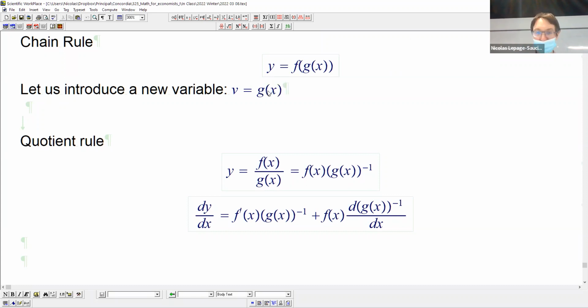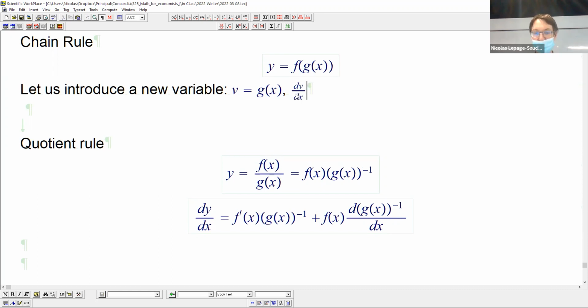So what do I know? Well, I know that if I take the derivative with respect to x, dv dx will be equal to just the derivative of g. So g prime of x.